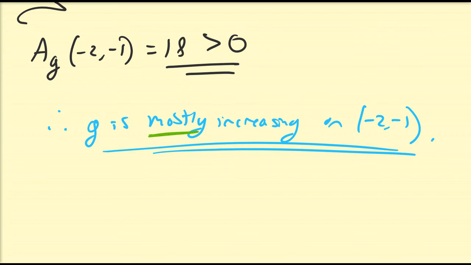The average rate of change, going from left to right, mostly is the strongest thing we can say, unless we consider more subintervals, actually infinitely many of them, to guarantee that it's always increasing, or consider differential calculus to verify increasing at a particular point. But for now, this is just an introduction to the average rate of change. This will come in handy a little later, but this is just an introduction and some theoretical concepts associated with the average rate of change of functions on a particular interval.